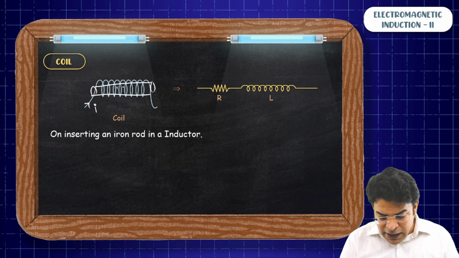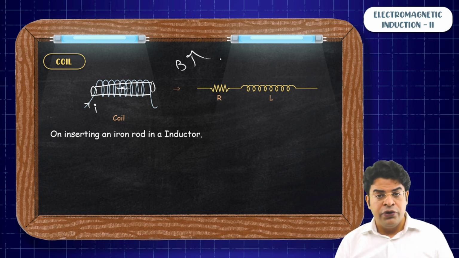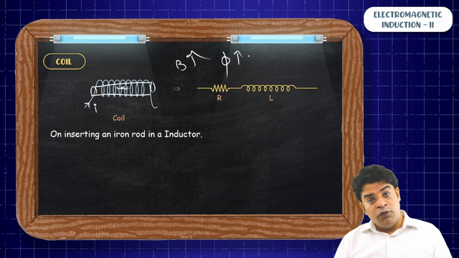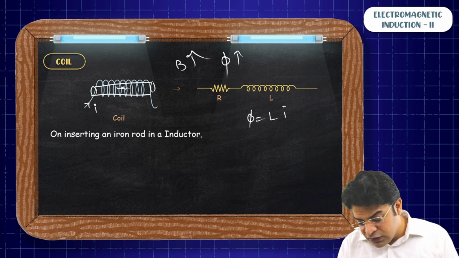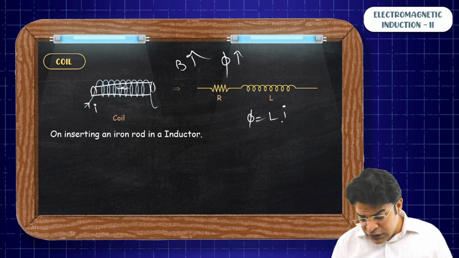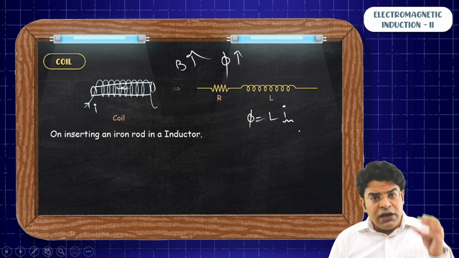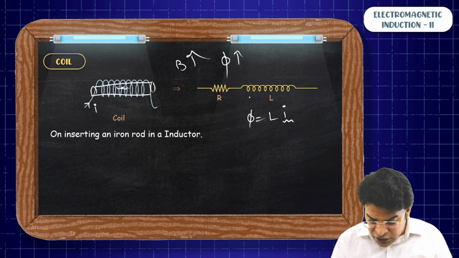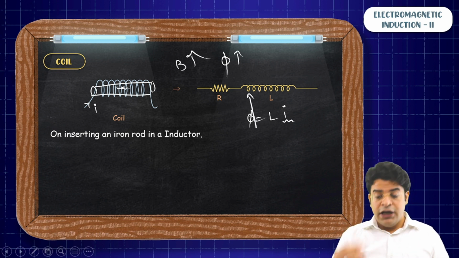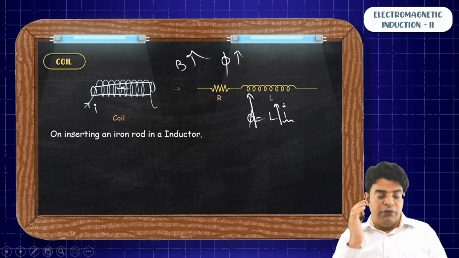As the magnetic field strength becomes very high, the flux linked becomes very high for the same current flow. And we know that the flux linked equals self-inductance times current. So for the same current, after inserting the ferromagnetic material inside the solenoid, the flux linked with the solenoid becomes very large. It means that the self-inductance becomes very large.